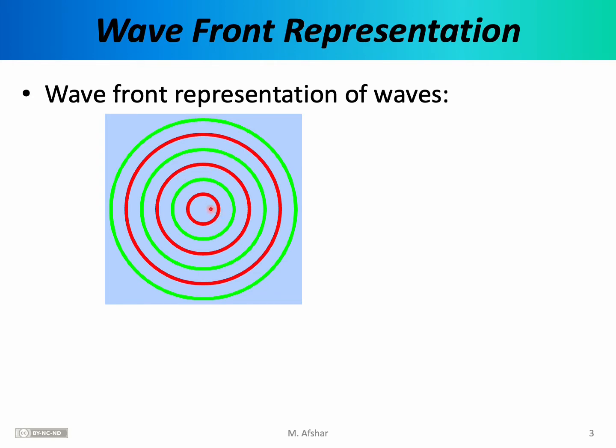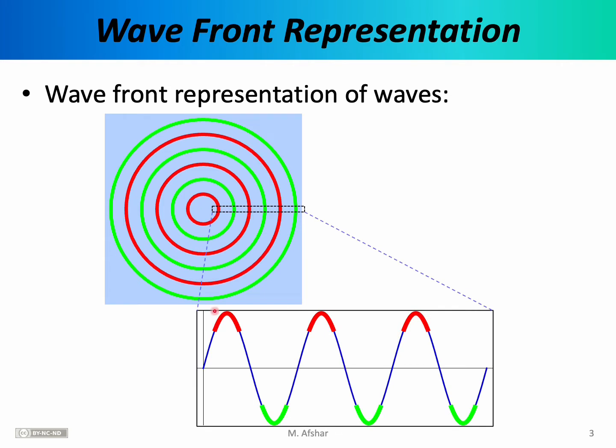If you were to take a cross-section of this body of water, if you were to look into the body of water, so to speak, you would get to see the sinusoidal representation of waves that we've been using for the past few lectures. The red circles here correspond to the peaks of those sine functions, and the green circles correspond to the valleys of those sine functions.